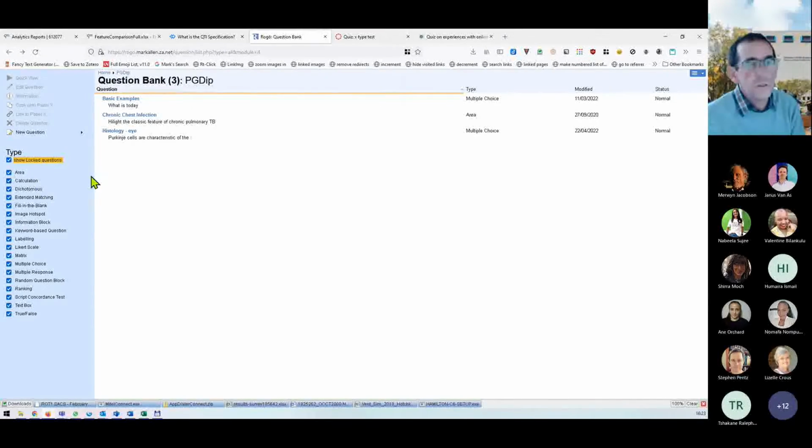And there are various other sorts of questions that carry on: extended matching questions, fill in the blank. There are also methods of marking essay type questions online so that they can be reviewed later. Ranking in order of importance. And also the script concordance test, which they're talking about, it supposedly works well.